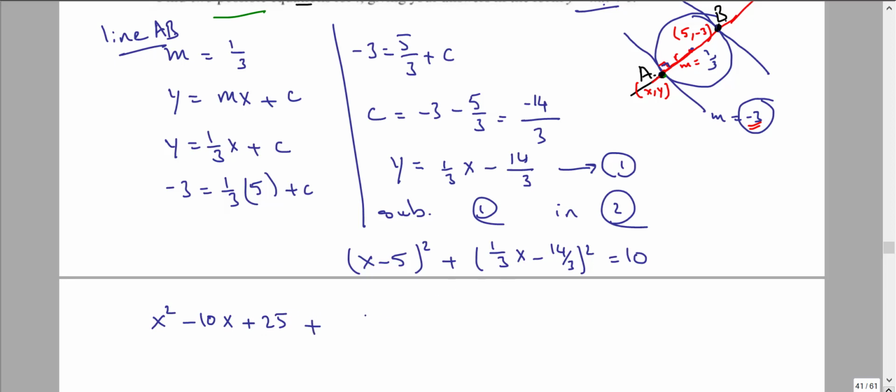And for the other bracket, you get 1/9 x squared, negative 14 over 3 squared, and 2 times 1/3 x times negative 14 over 3. Are you following, Adam?